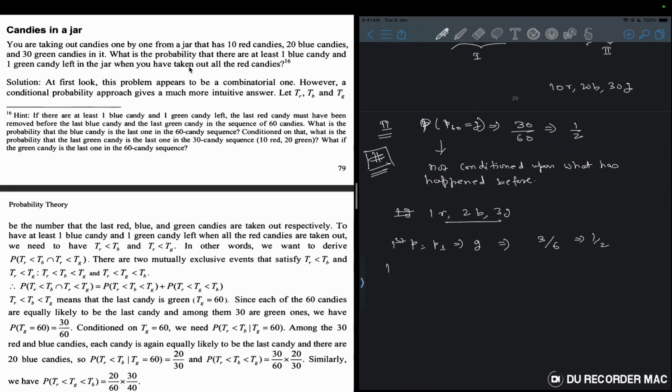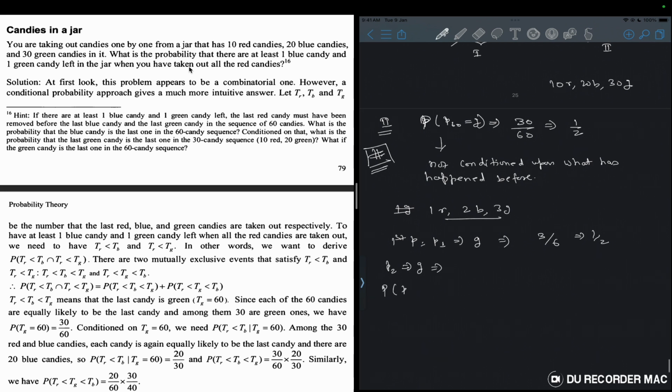Now if someone asked you, what is the probability that the second position is green? Here I am calculating for all the scenarios of what the first candy can be.